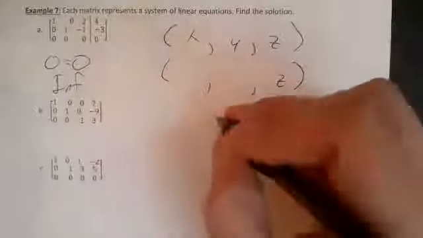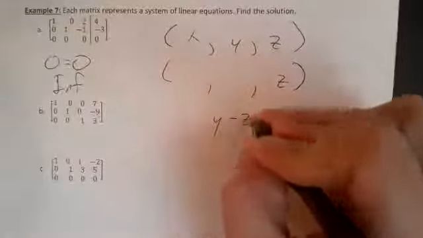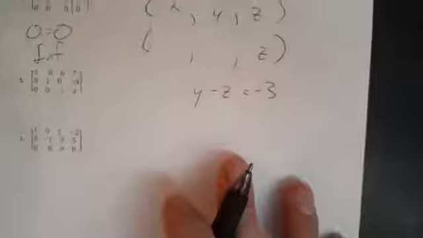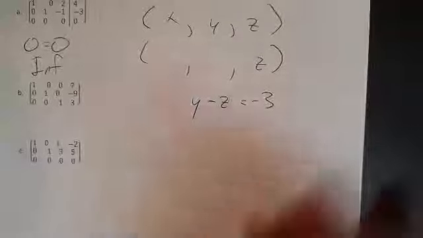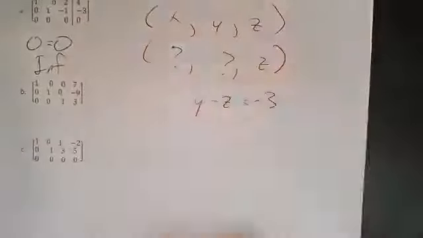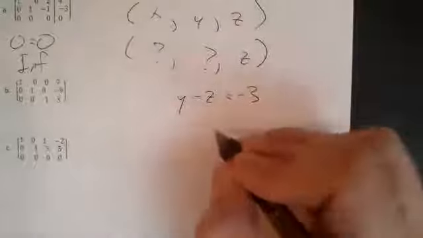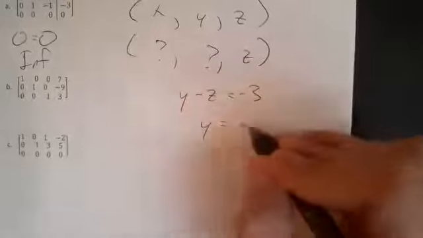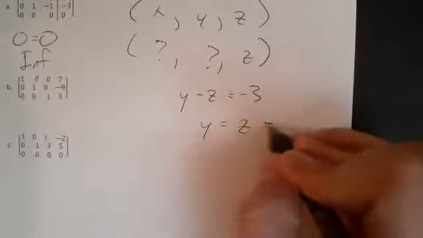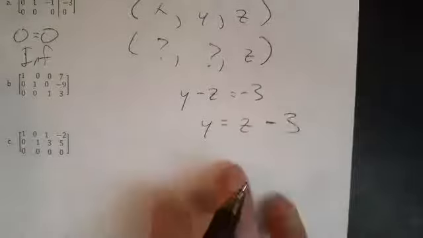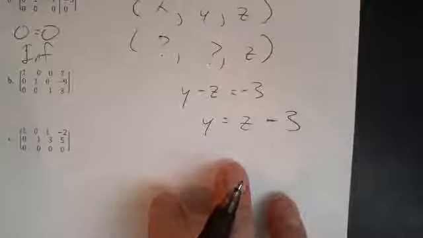This says y minus z is equal to negative 3. Solve this in terms of z. So y equals z minus 3. So I have my y.